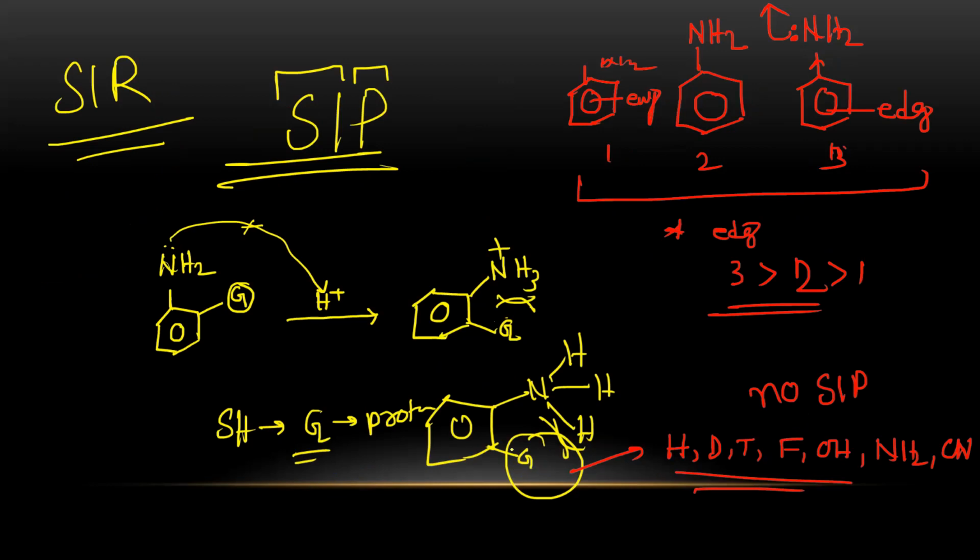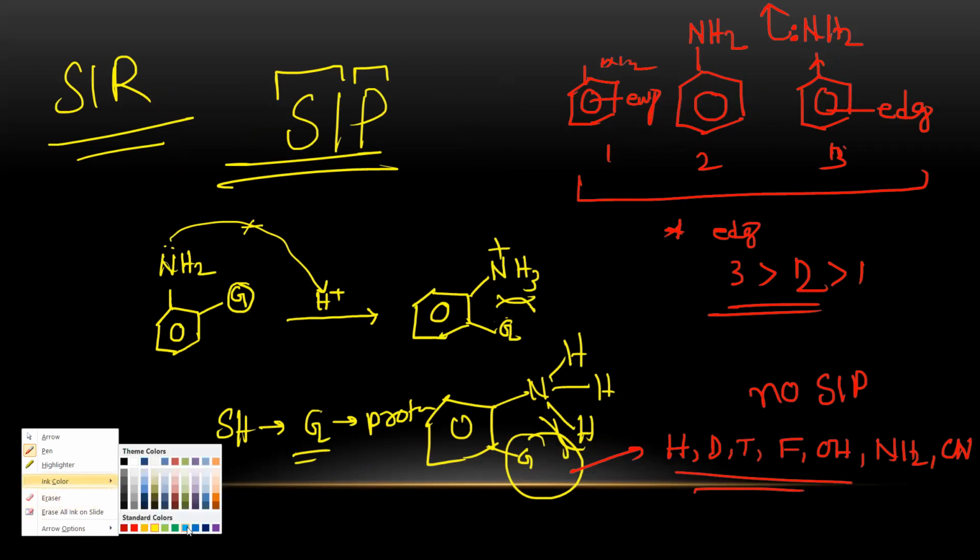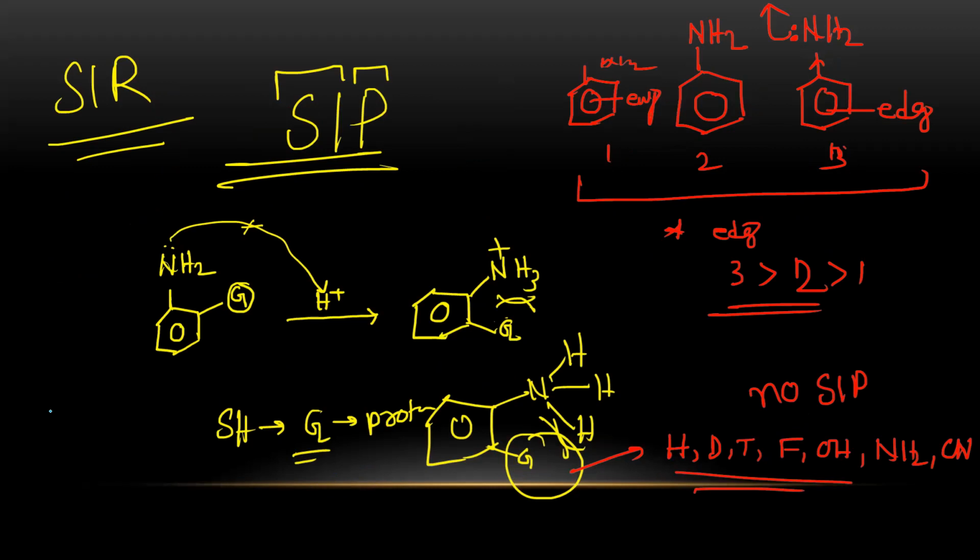Okay, so now tell me one thing. If G group is more bulky, then steric inhibition will be more. That means steric inhibition of protonation will be more. Then this molecule will not like to abstract a proton. Then the basicity of this molecule will be lower.